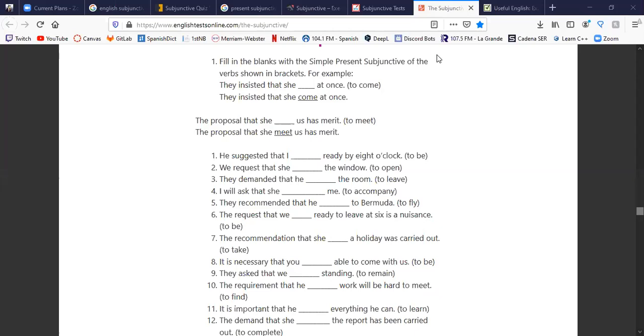Number 11 would just be, for max, learn. You're asking about the idea that we should take... they don't put an s, they say the idea that we should take, without s.